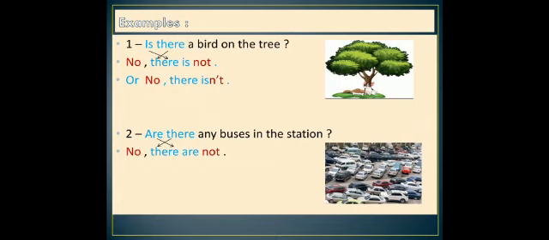So we're going to start with there, then we're going to write are, and of course don't forget not with no, because no loves not. And don't forget the full stop. Or you can say no, there aren't. And no comes with not, so we're going to write not with no, and don't forget the full stop.